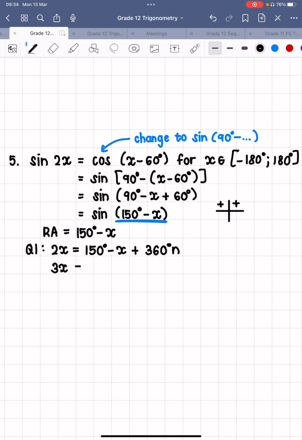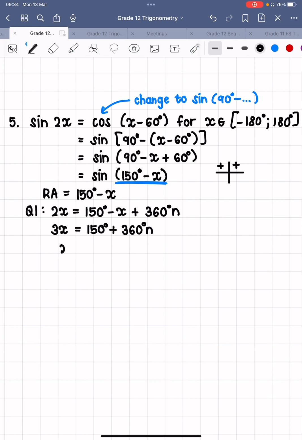So we're going to have 3x equal to 150 plus 360n. And now we must divide all of that by 3. Plus 120n. There we go. So that is the first one. Our first quadrant general solution.